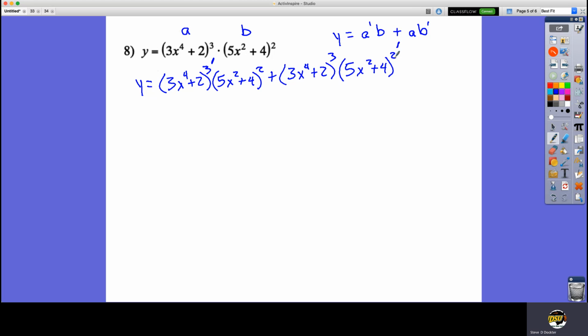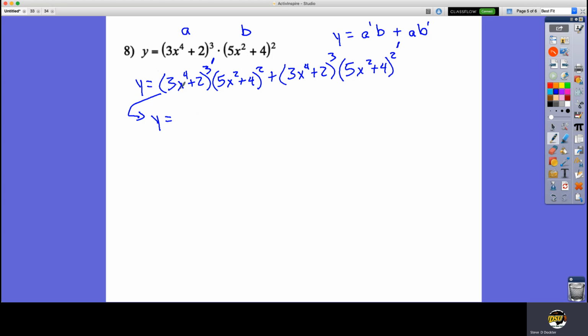All right, so if we follow this, all we have to do at this point is take the derivative of this first one and the derivative of the last one. Taking the derivative of this first one, this is going to be a chain rule, right?